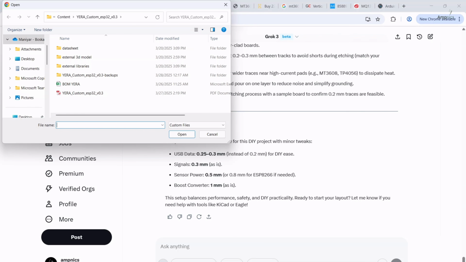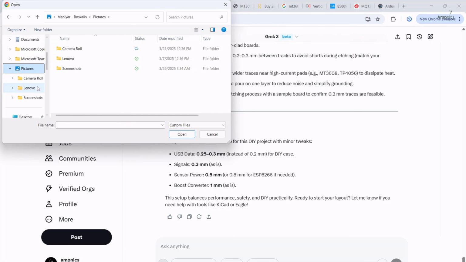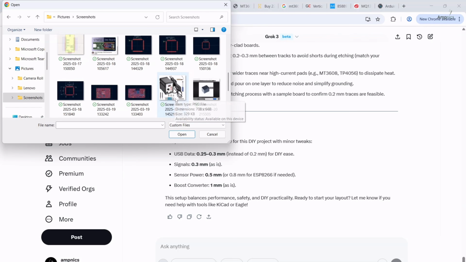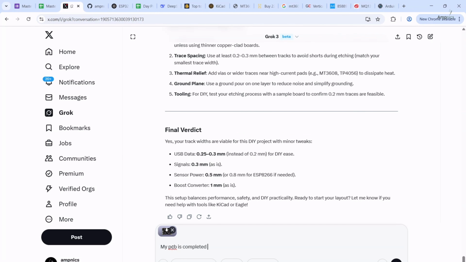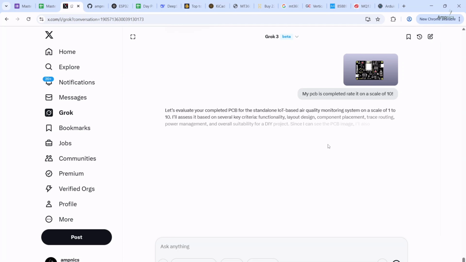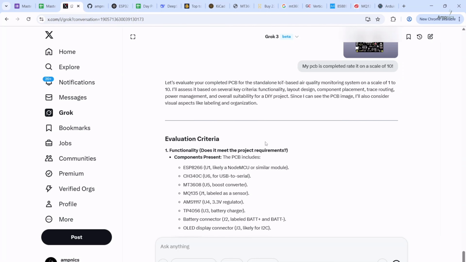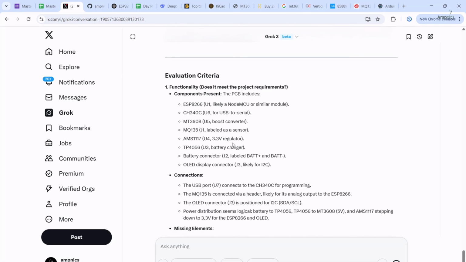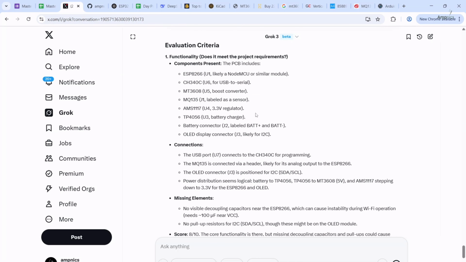From here you can upload images, or you can upload documents also. Okay, it is saying about the evaluation criteria. It is basically telling us some certain parameters to consider.